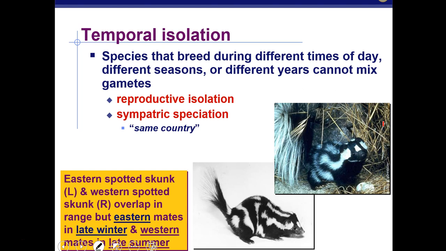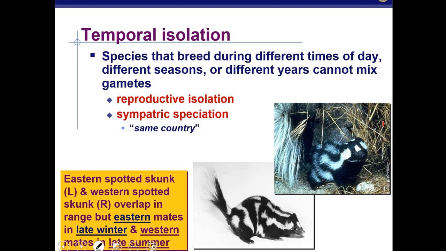So as you can see from the 2 skunks here, the eastern versus western, they look pretty similar. And if we took an egg from one and a sperm from another, put it in a petri dish, we would make viable baby skunks.